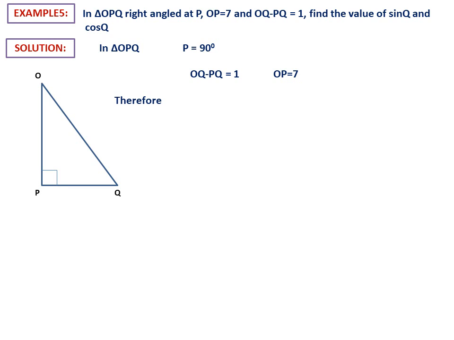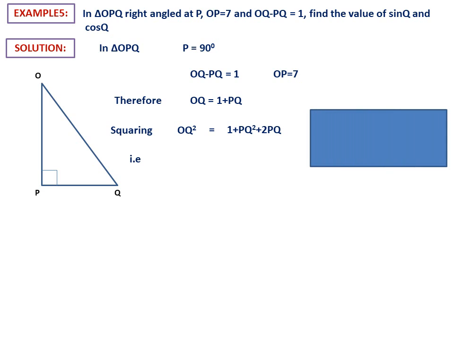So that is given. Therefore, now what we do is, OQ minus PQ equal to 1 means OQ can be written as 1 plus PQ, that is taking PQ to the right side. Now let us square it. So OQ square will be equal to 1 plus PQ whole square, which is 1 square plus PQ square plus 2PQ, by the a plus b whole square formula.